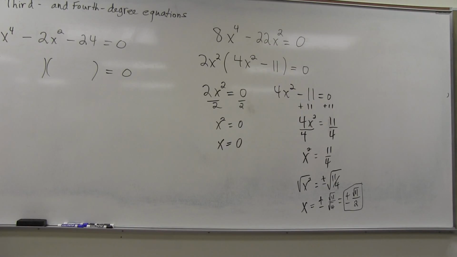The only deal is, I'm breaking down x to the fourth here. So how do I do that? Probably x squared and x squared. Break down the x to the fourth as x squared and x squared.